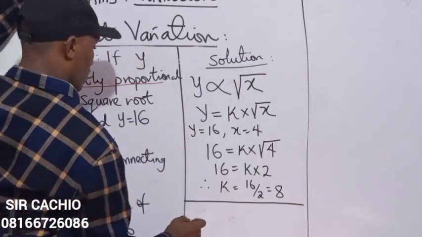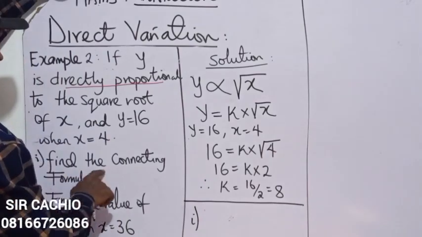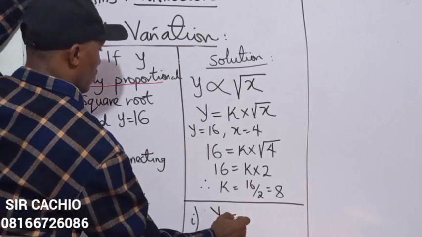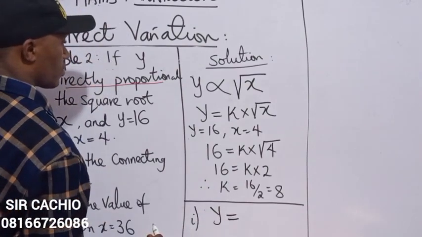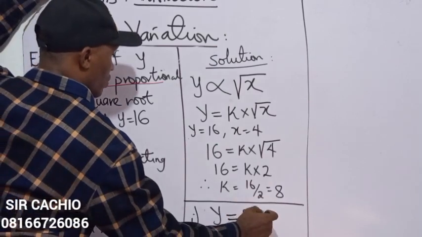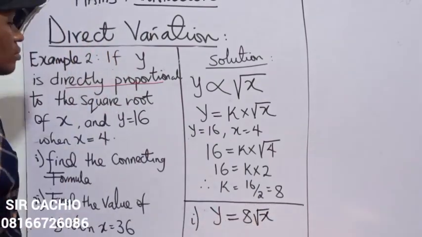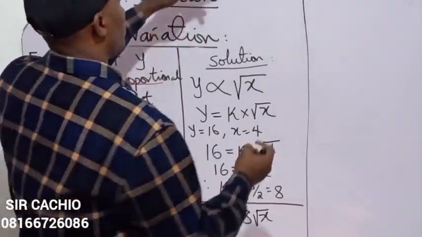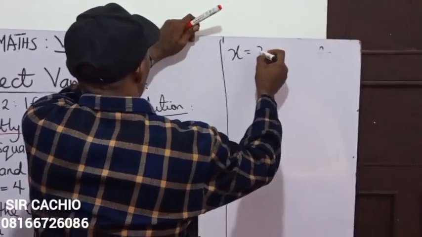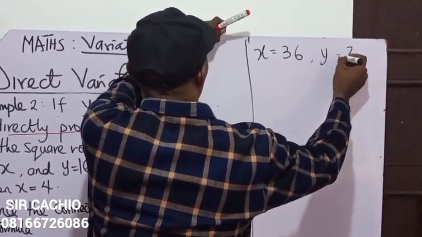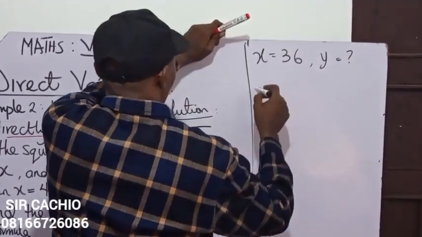Now we can answer the first question, which is to find the connecting formula. My y is equal to 8 root x. Now find the value of y when x is 36.